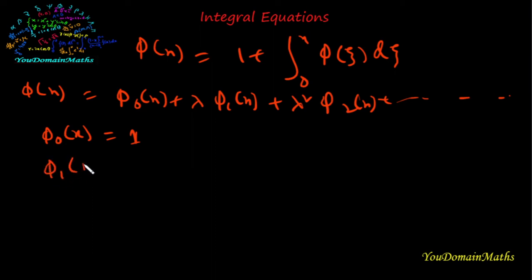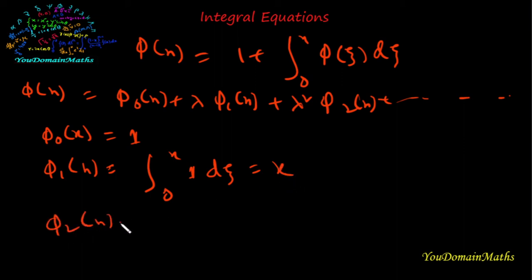And phi 1 of x equals the integral from 0 to x of the kernel, here the kernel is 1 also, times phi naught of xi, that means 1, d xi. So integrating, we get the solution x.